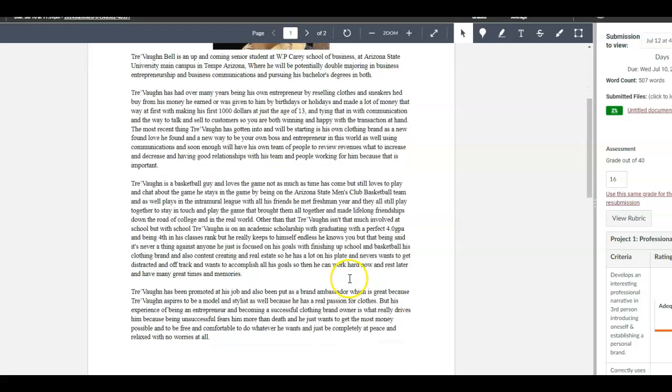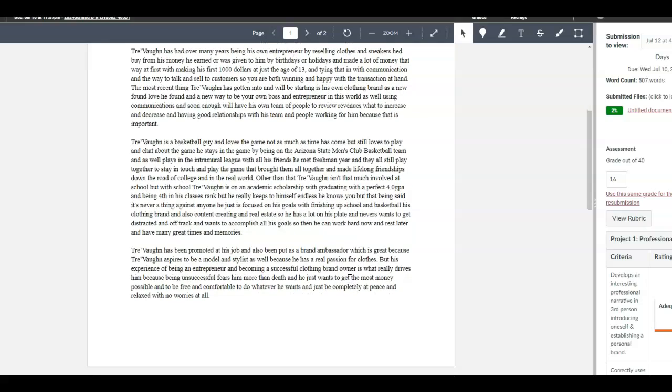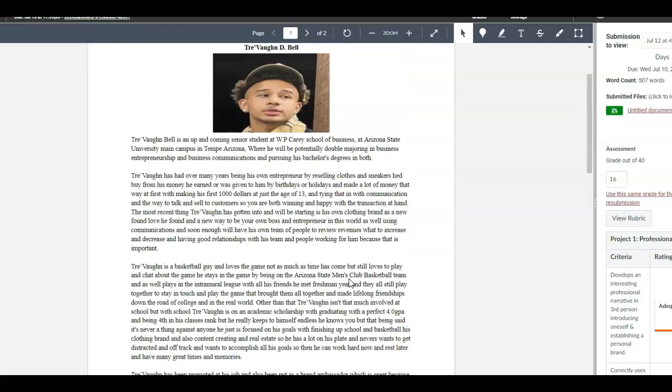Also, this is about 500 words long, so it exceeds the limit for the long bio by 200 words. That's quite a big gap. That would not be accepted in a publication. It would just be rejected simply because of word count, because of logistics.